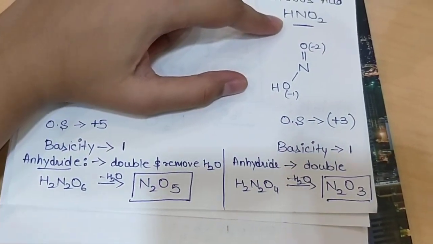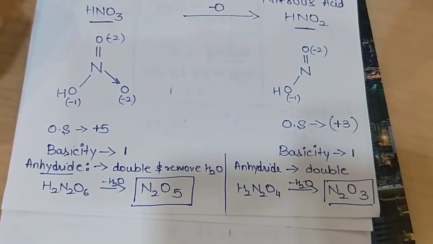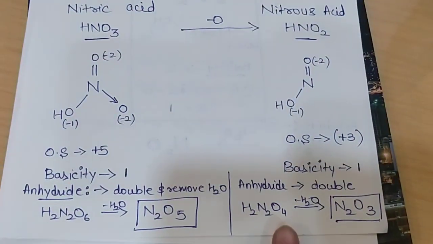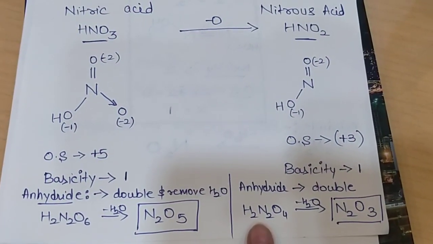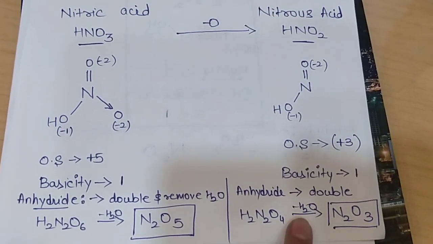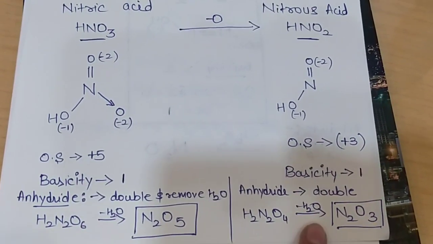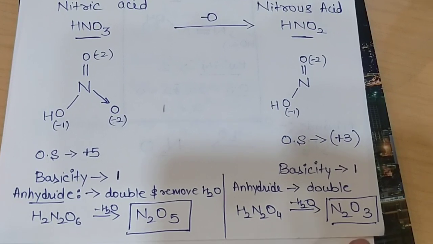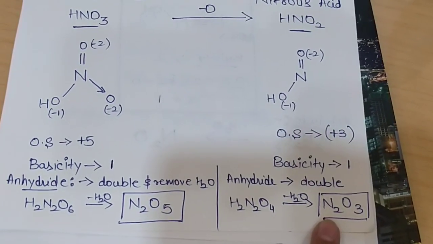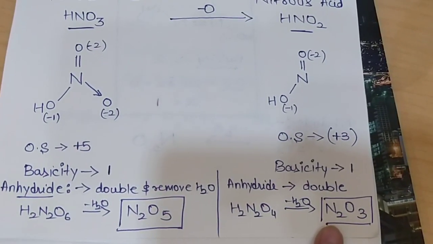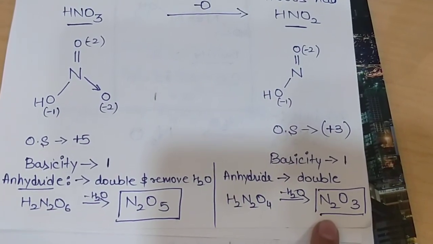We want to remove all of the water molecules from this nitrous acid. For that we'll have to double the formula. That means it will become H2N2O4, and we remove a water molecule, and the oxide that remains is N2O3, which is the anhydride of nitrous acid.